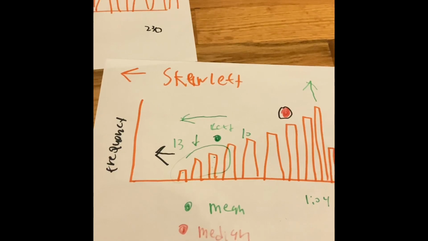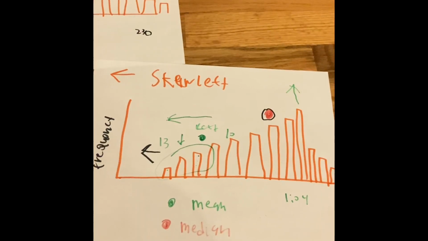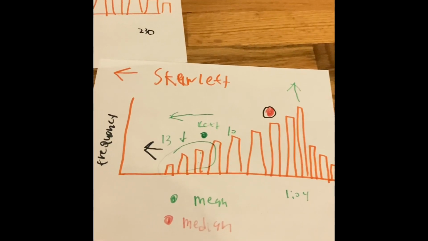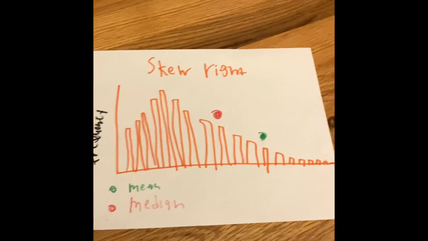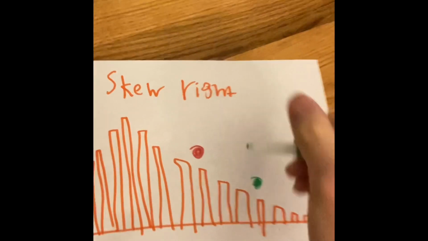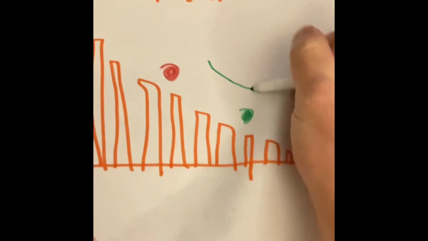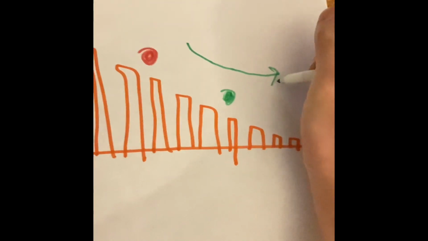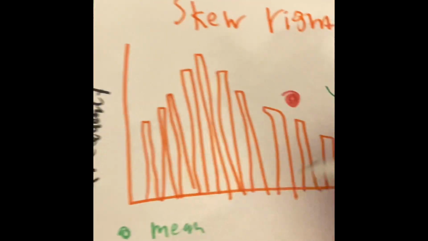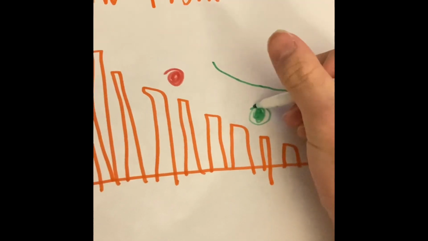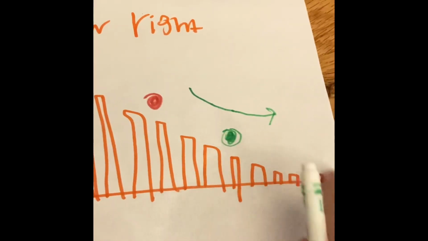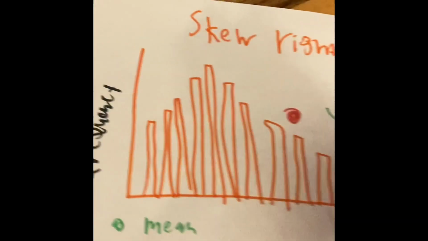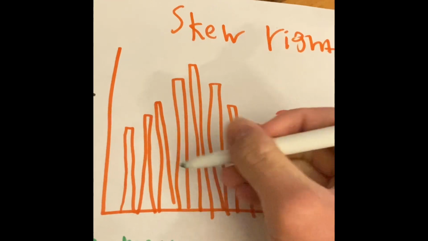Let's look at the last common histogram and see what that one is, because it's the opposite of a skew left. This one is called a skew right because the tail is pointing like an alligator towards the right, which means the mean is also going to be on the right side because there are more bars that are smaller on the right side than bars that are taller on the left side.